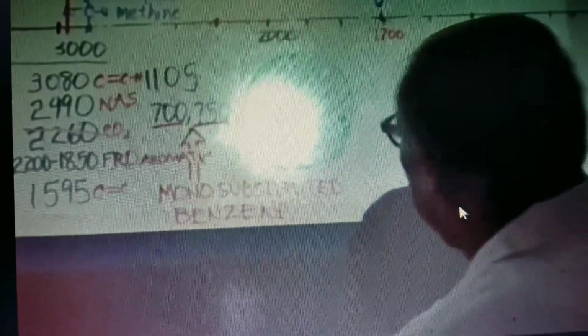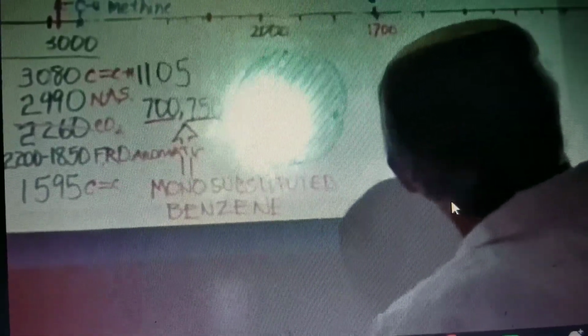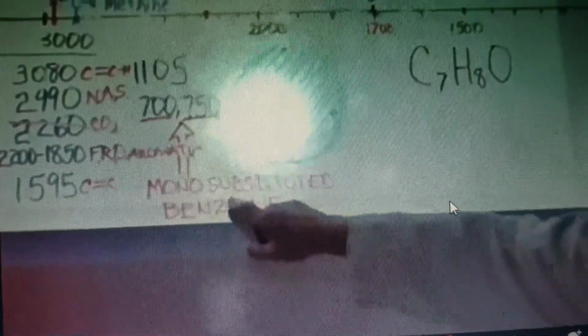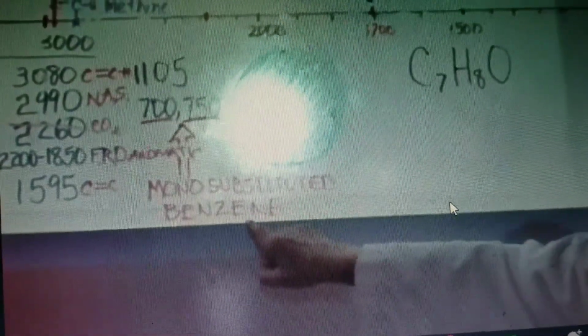Start with my formula, which initially was incorrect. C7H8O. And now I have this monosubstituted benzene.